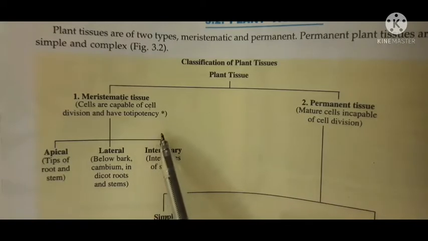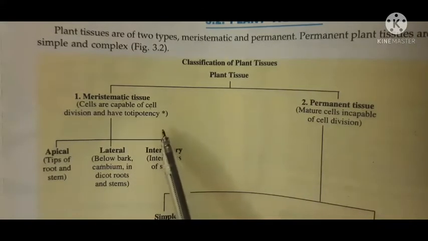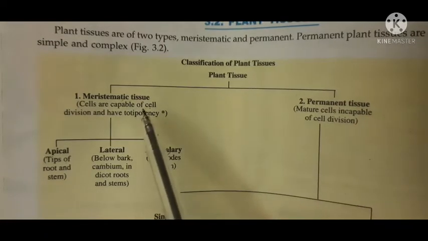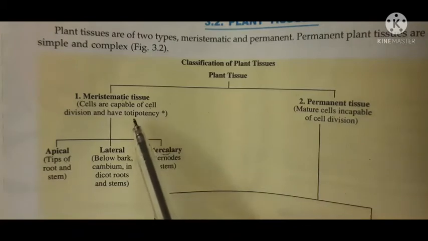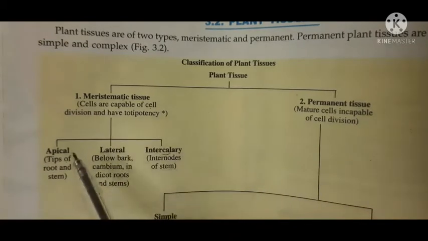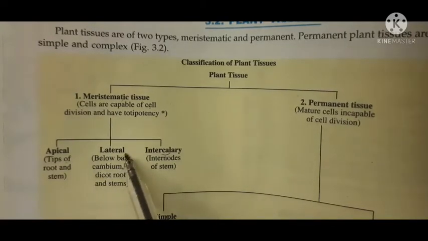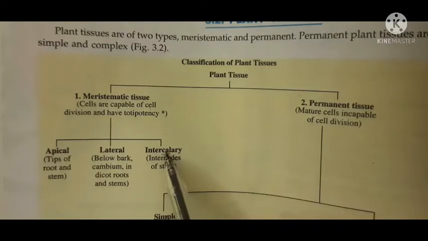Now meristematic tissue are of three types depending upon the region where it is present. As the growth does not take place in the whole of the plant, there are certain regions where growth takes place, and in these regions the meristematic tissue is present. So depending upon the position, meristematic tissue is of three types, that is apical meristems, lateral meristems and intercalary meristems.